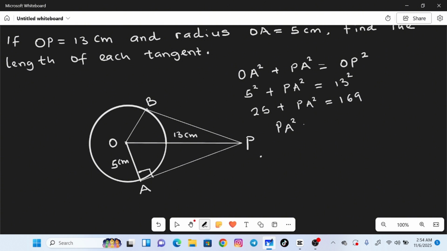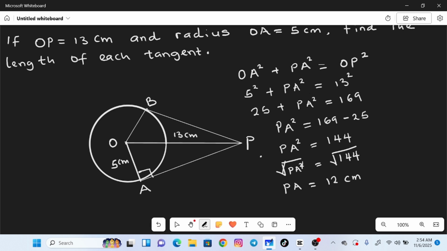PA square equal to 169 minus 25. PA square equal to 144. Let us square root both sides. PA equal to square root of 144. Square root of 144 is 12 centimeter. PA equal to 12 centimeter.